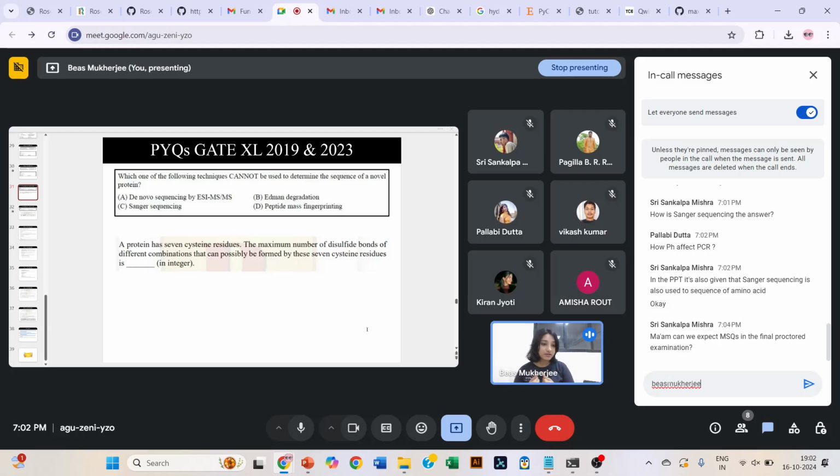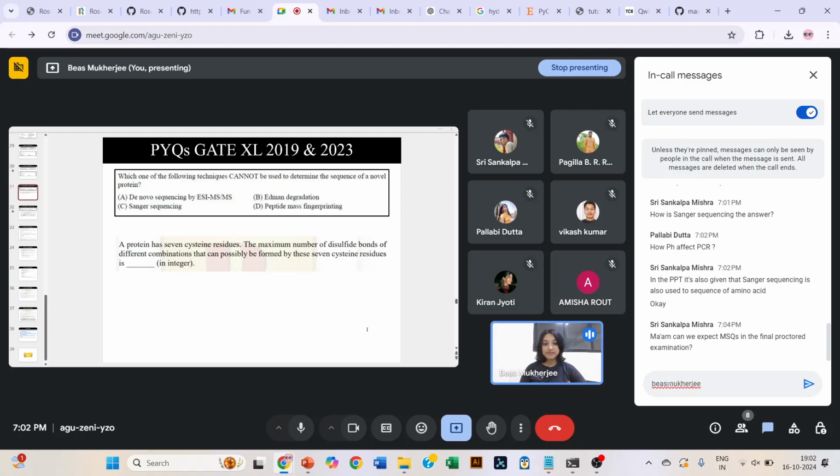For proteins, yeah. Ma'am, can we expect MSQs in the final proctored examination? I am not sure about that. You can go through the NPTEL previous year's questions on the internet, and from there you can see if MSQs are allowed.